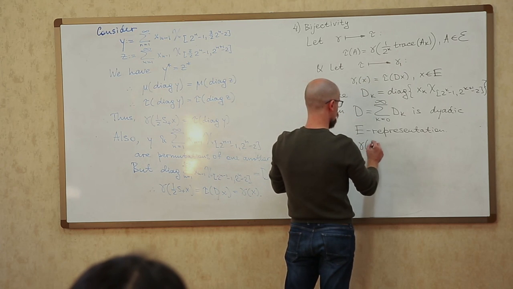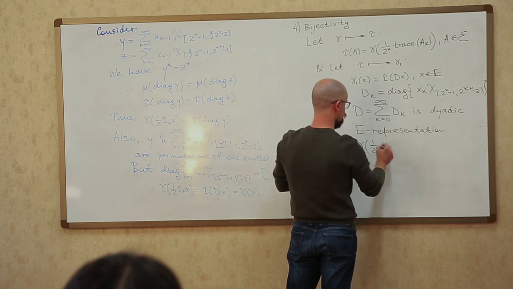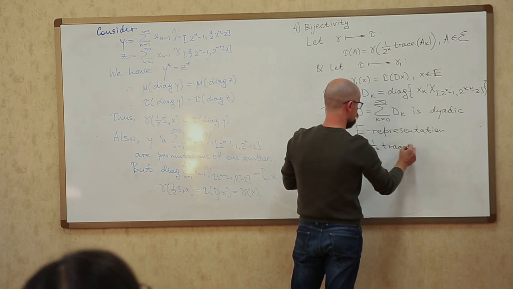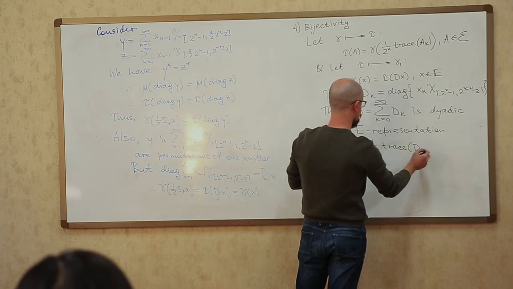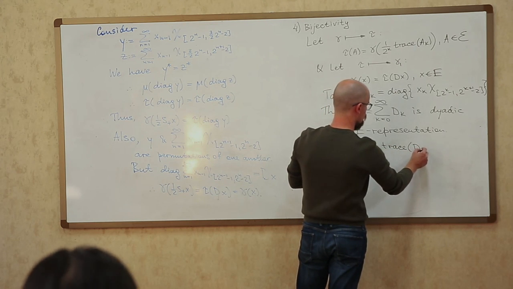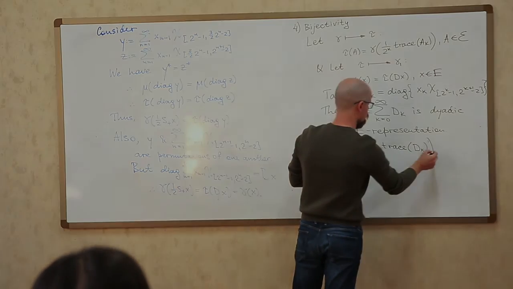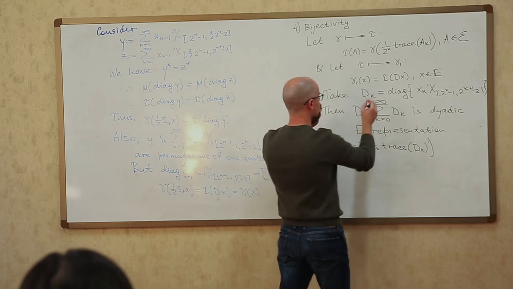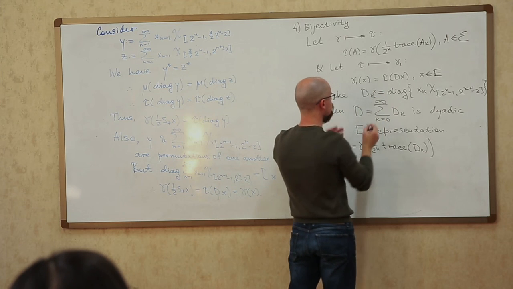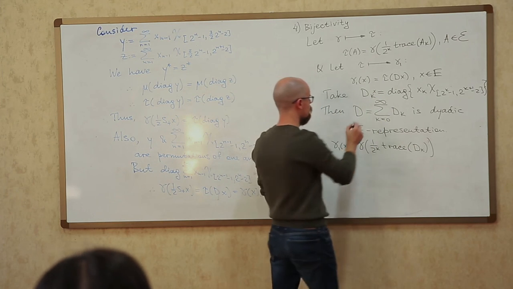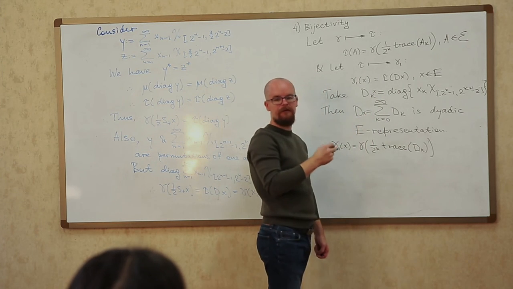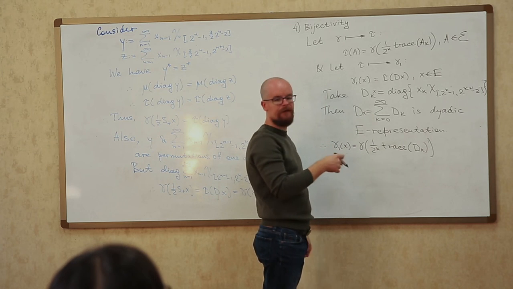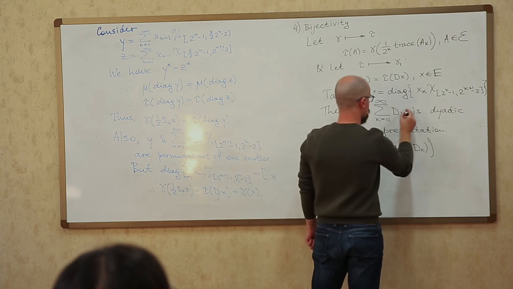So it's gamma on the trace of d_k x, because this operator d of x is an operator in the ideal.